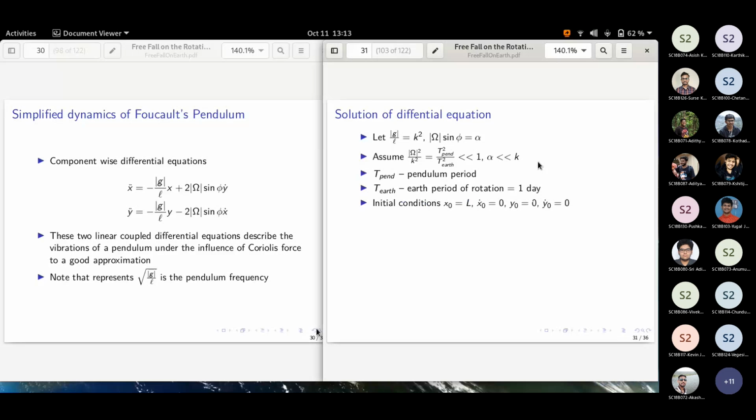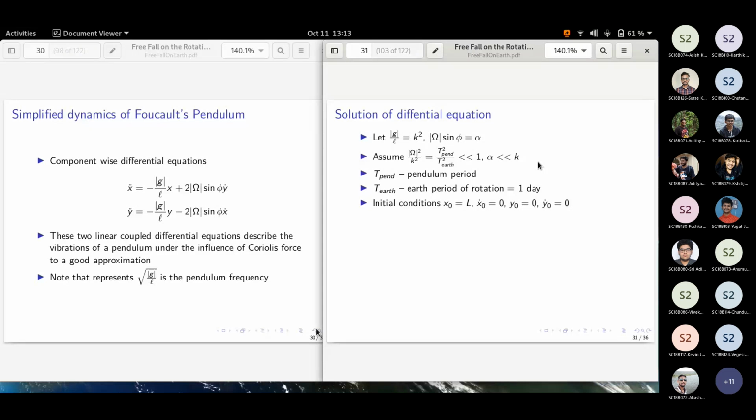So basically we have to now see the solution of this equation. Let us assume that initially you pull the pendulum to a distance L along the x direction and then leave it. Initially you don't push it, you just leave it. Therefore, x dot is 0 in the beginning.